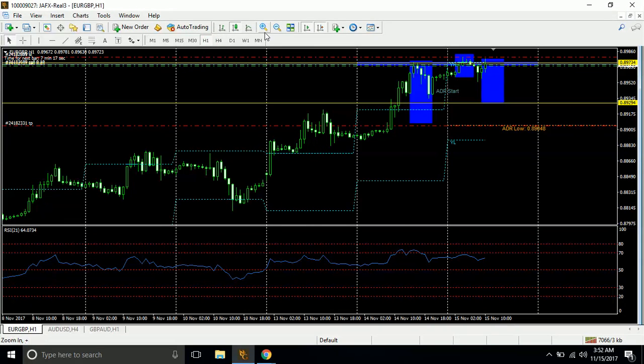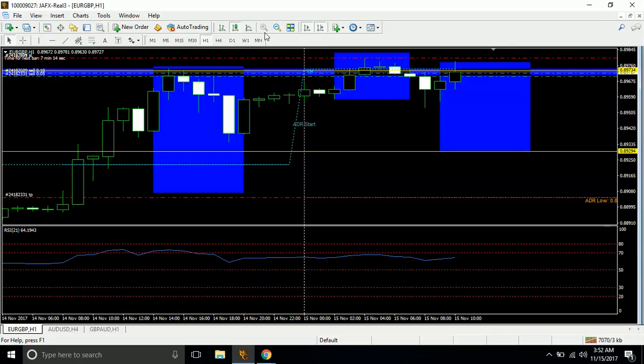Let's see how this hour candle decides to close. And I think I'm going to take a binary options trade on the Euro Pound.